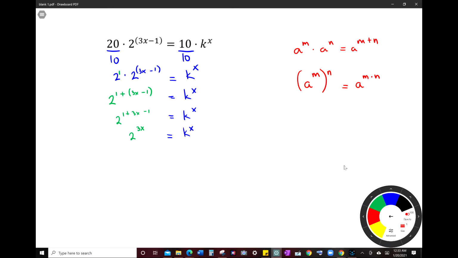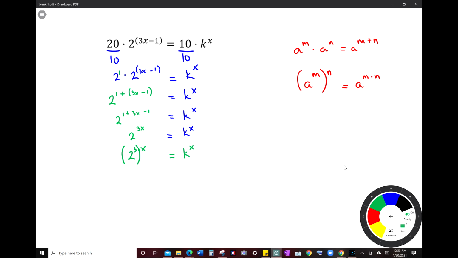We can rewrite it as 2 raised to 3 times x, right? And that would allow us to apply the power rule of the exponents. So we can have 2 raised to the third power and everything inside parentheses raised to the x power, equals k raised to the x power on the right side.